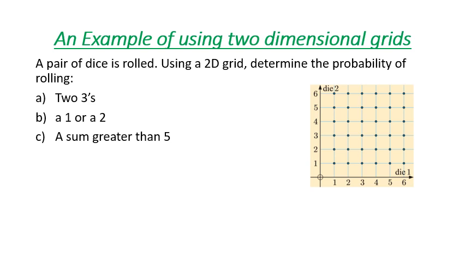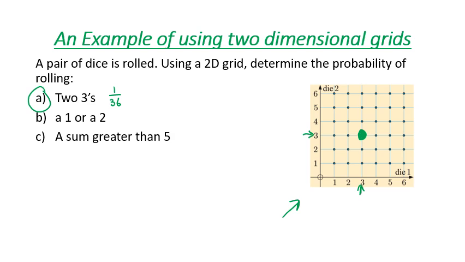So if we want to use our 2D grid, which we've got here, to help us determine A, which is 2 3s, we're looking at if we roll a 3 on dice 1, okay, here's the 3, so we're rolling a 3 on dice 2, that means that this dot here is going to be 3 and 3, and that's going to be one option out of our total 36 that we've got on our 2D grid.